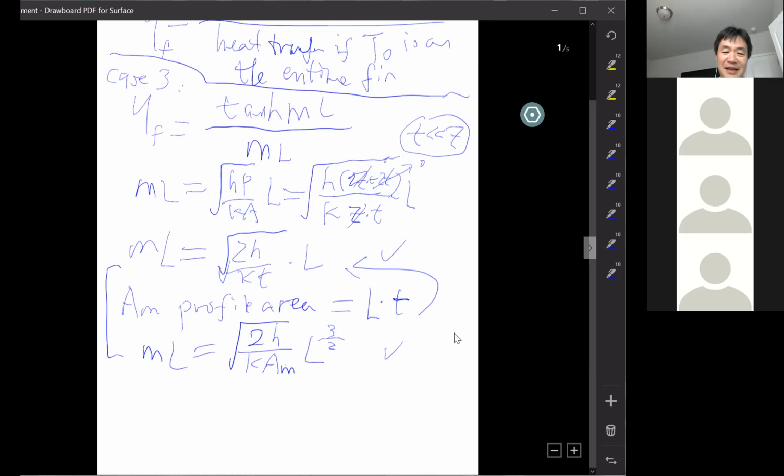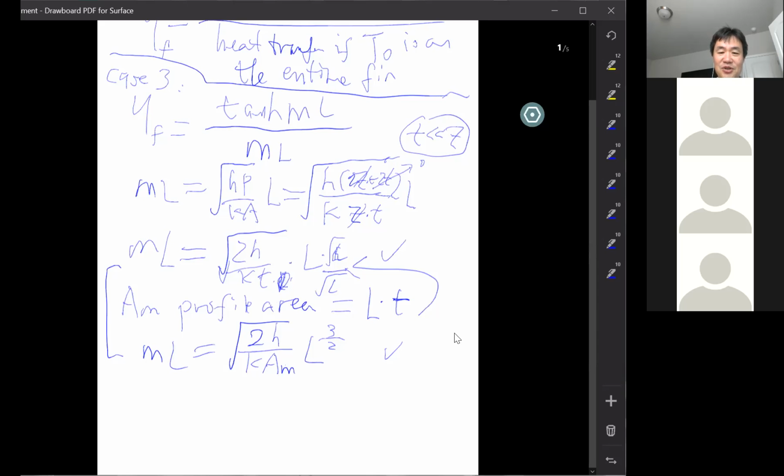If you multiply by a square root of L, you have to divide by a square root of L. You multiply by a square root of L divided by a square root of L; you didn't change the value, right?